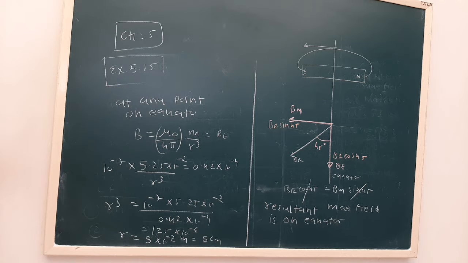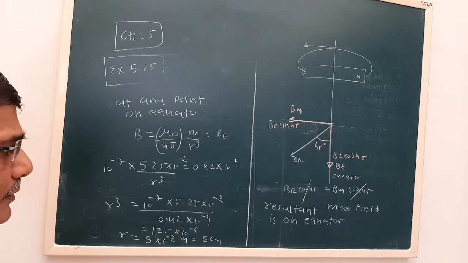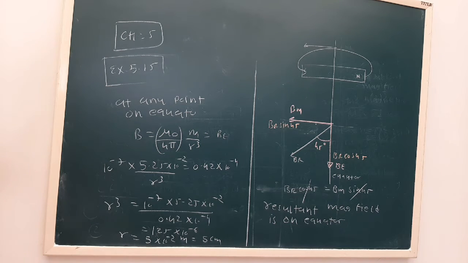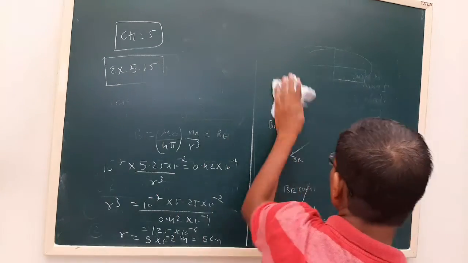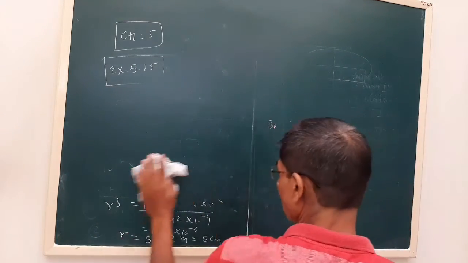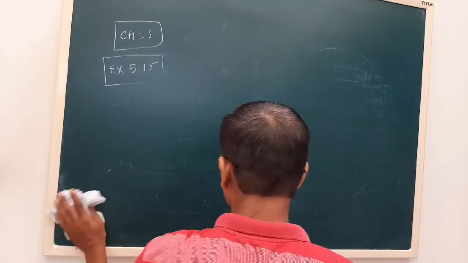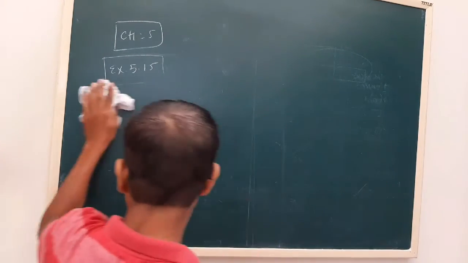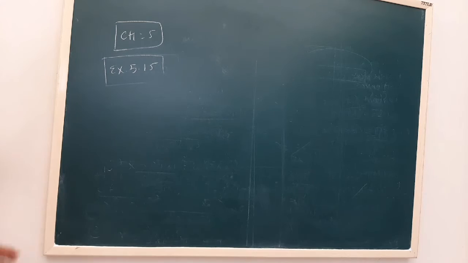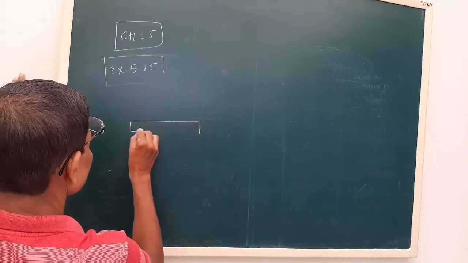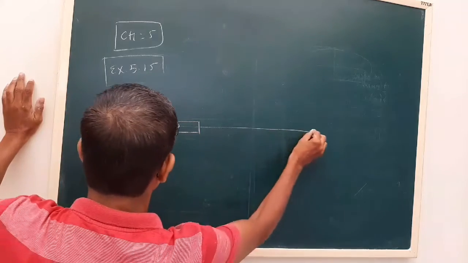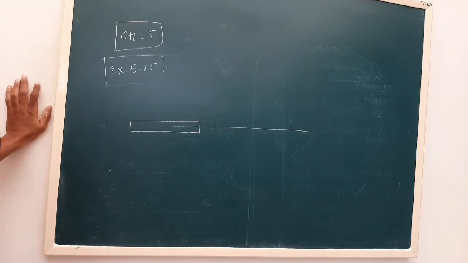Now the second part of the question says that the resultant magnetic field is on the axis. So we have to find out that distance, and also the resultant magnetic field makes 45 degrees with the earth's magnetic field. Now see the situation will be like this. This is a bar magnet.